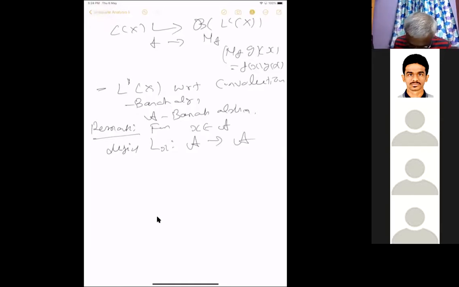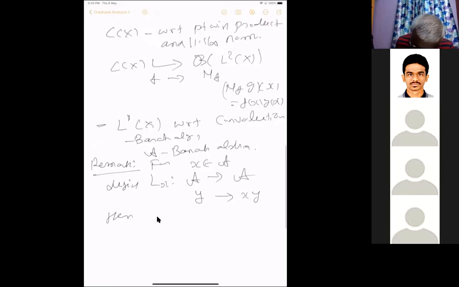Y going to xy. So this will be a representation. I mean, this is A, then Lx is bounded. And further, I want to say that our Banach algebra, we will always assume it's unital.